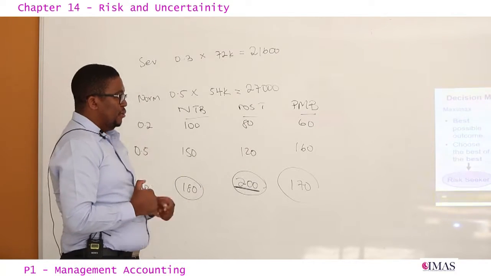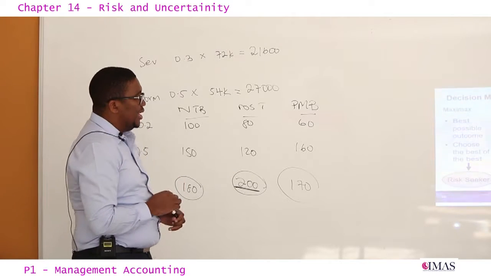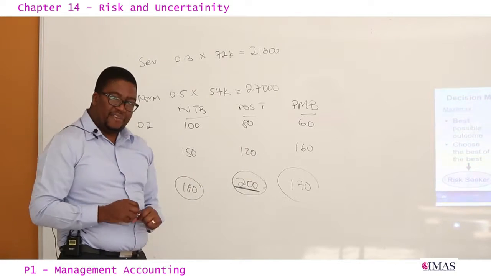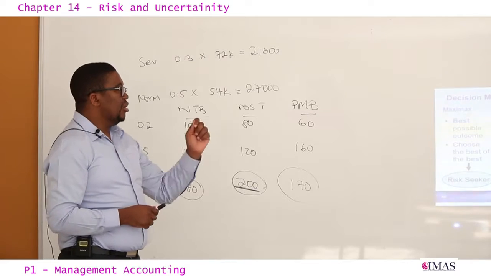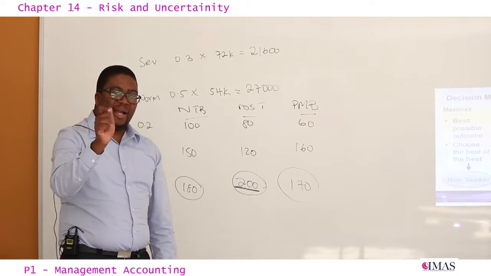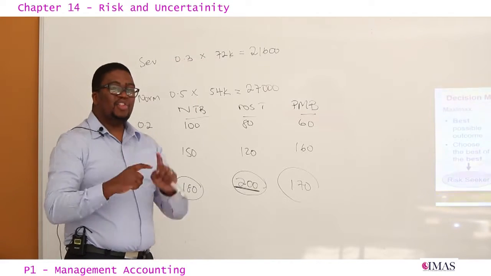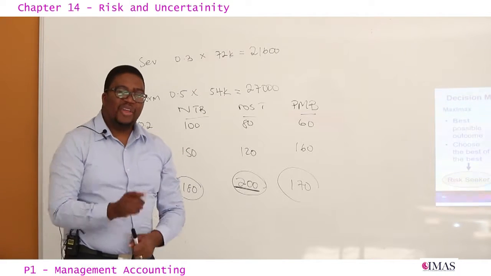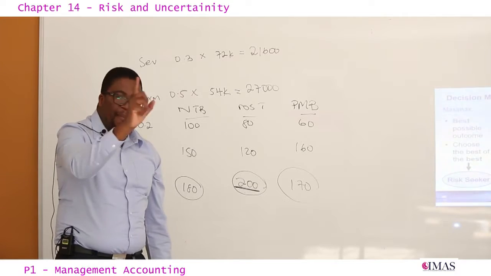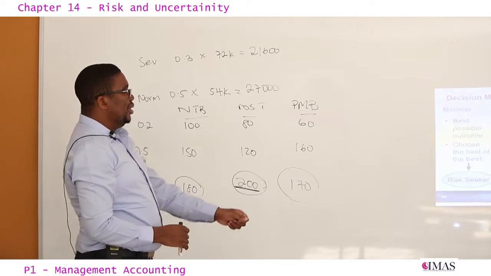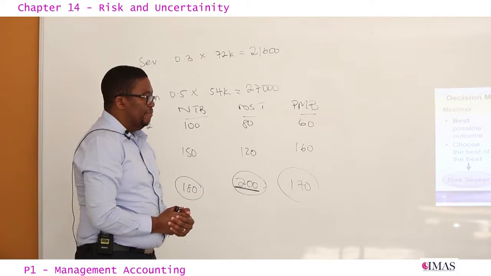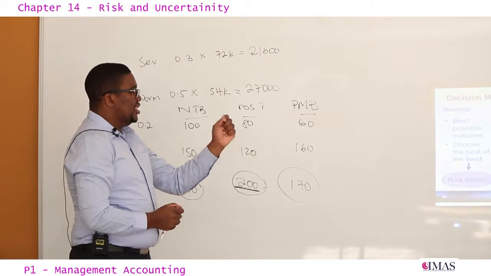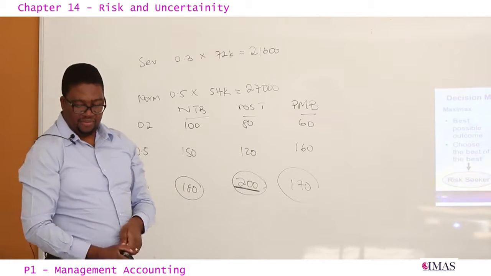Therefore, if you go now and you look in your slides, we're saying this risk-averse guy, he's also going to be known as a maximin. He wants to maximize the minimum outcome without actually assuming any amount of risk. Therefore, he's looking for the worst possible outcome. He chooses the best of the worst.